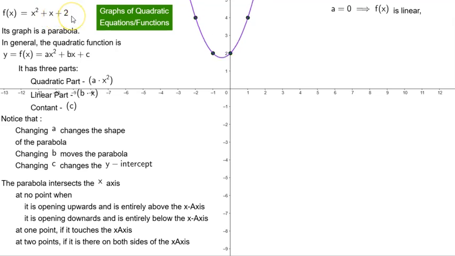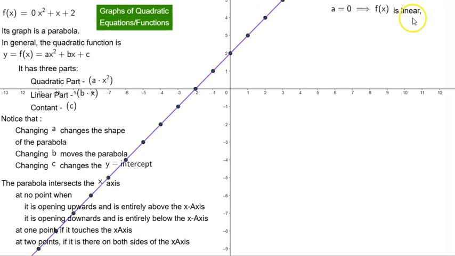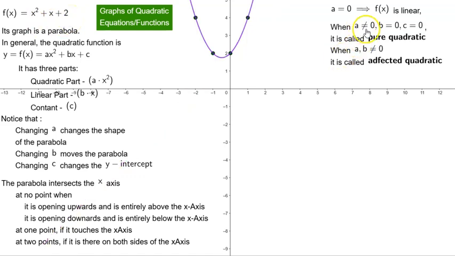Okay, x square plus x plus 2. So as of now, it is quadratic. But if we make a equal to 0, it becomes linear. So ax square disappears and we are left with x plus 2, which means it is linear. When a is not equal to 0, but b is equal to 0, so let's make b equal to 0 and c also equal to 0.